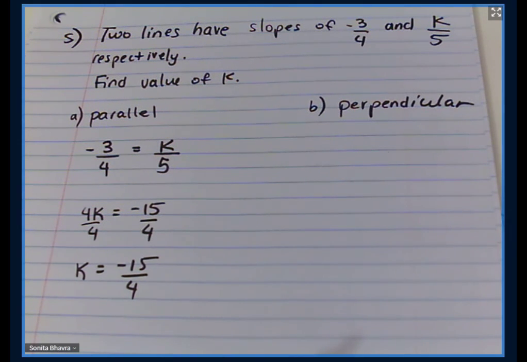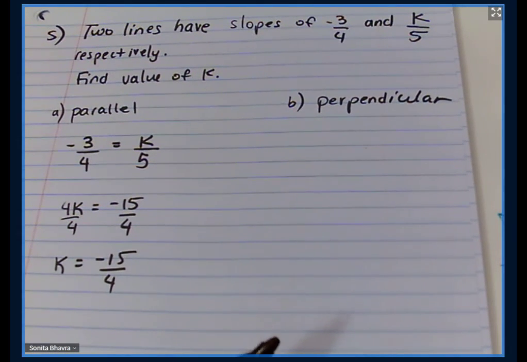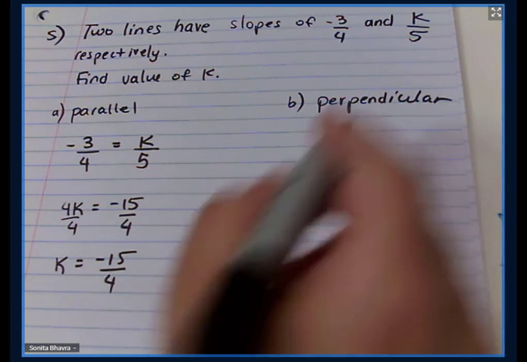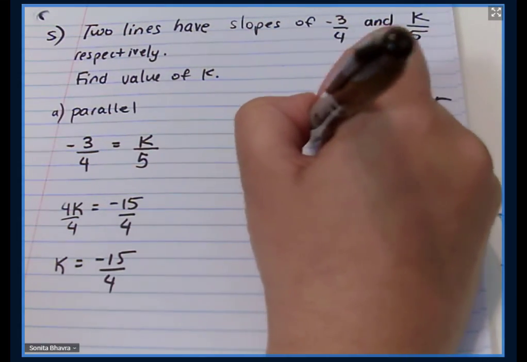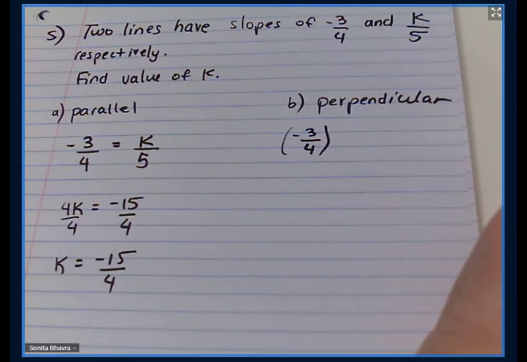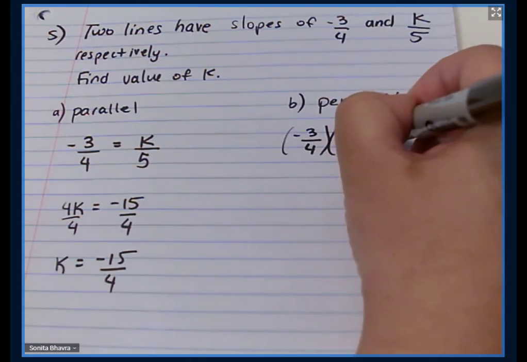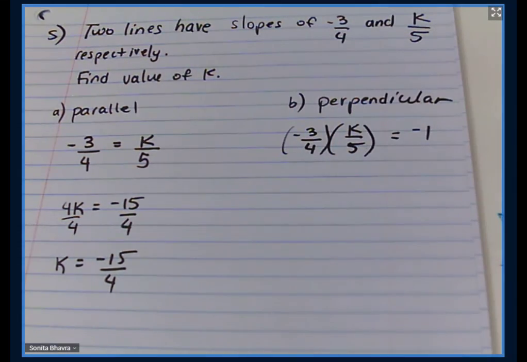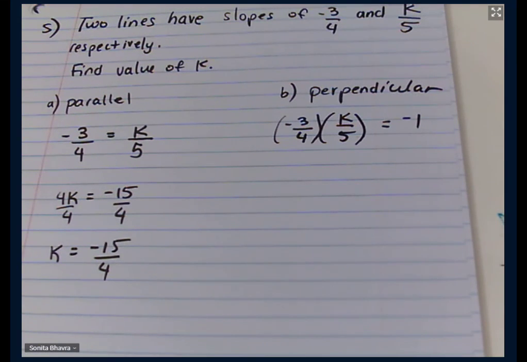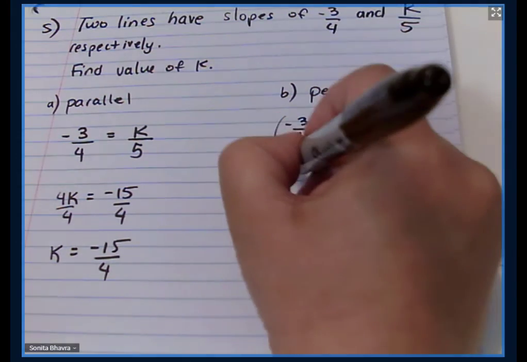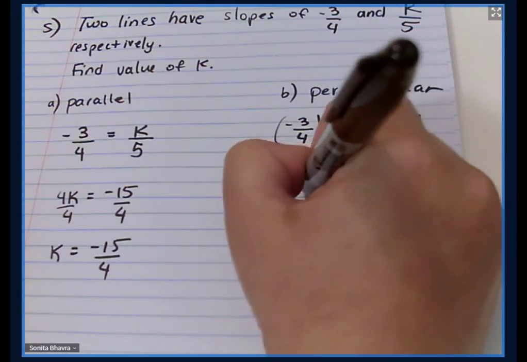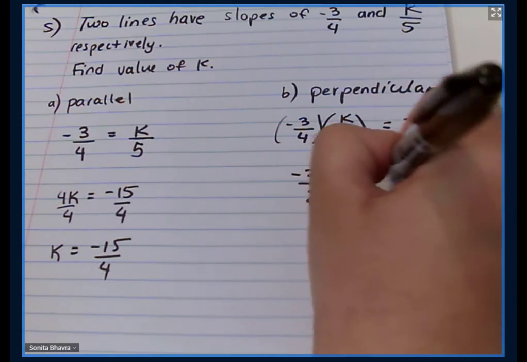If the two lines are perpendicular, we know that if we multiply the two slopes together, they have to equal -1. So -3/4 times k/5 has to equal -1. All right, so that multiplied together, that's -3k/20 is equal to -1.